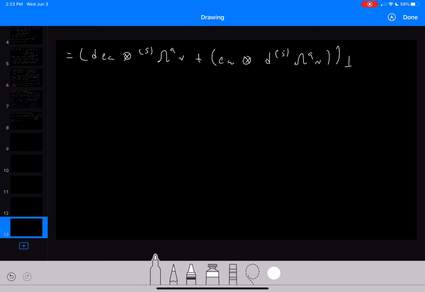People get intimidated, but now I can factor out my basis vector component, and then just tensor product that with what's left. So that's an easy thing to do. So mu nu plus, here's my 5D rotation form, mu a, now wedged with my 5D rotation form, A nu, and once again it's the orthogonal projection.